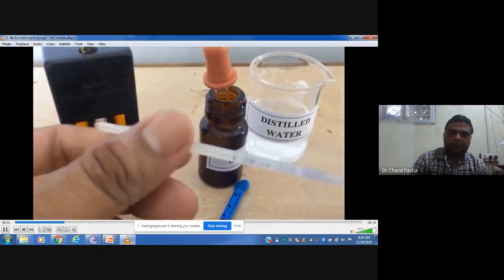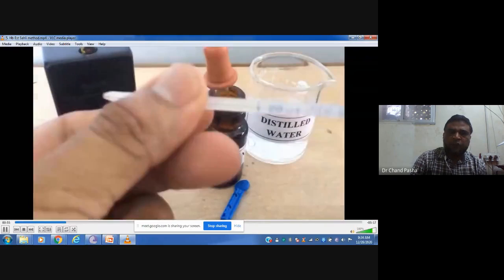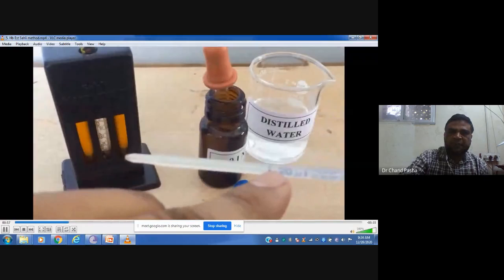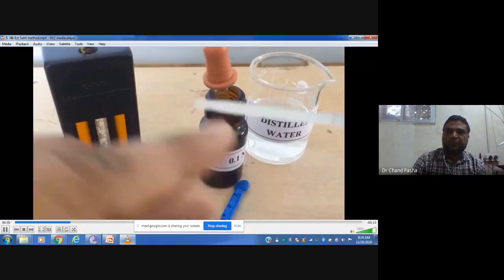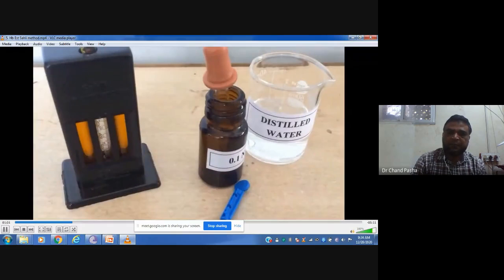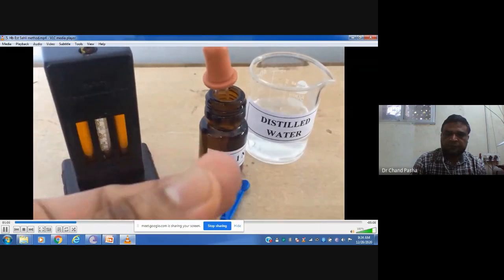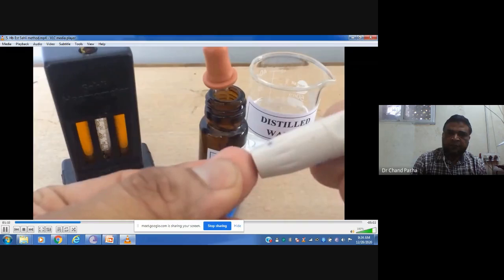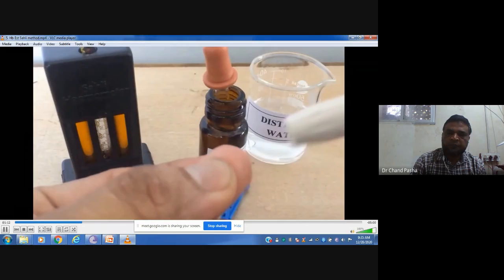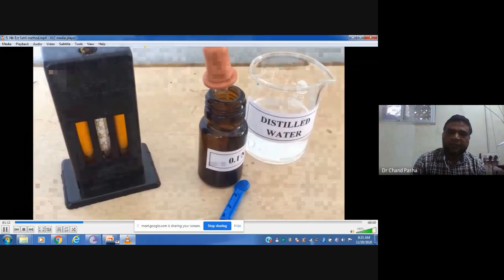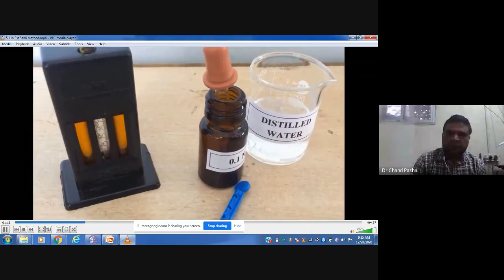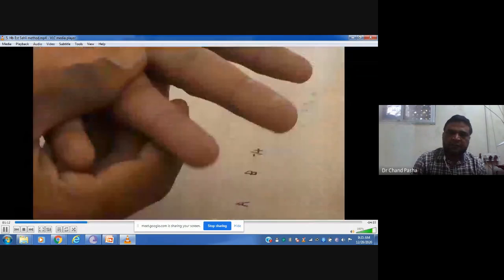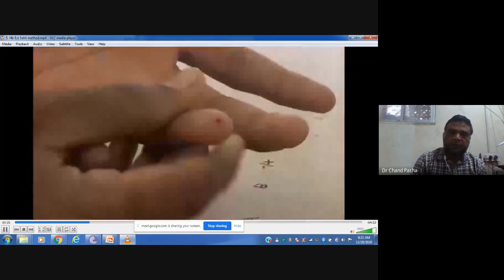Now we will take the blood. This is the pipette, a 20 microliter pipette. This is the mark. You are supposed to take the blood exactly up to that mark, which measures 20 microliters of blood. So you make a prick. First drop, better you clean. Now squeeze it again. You got a drop.